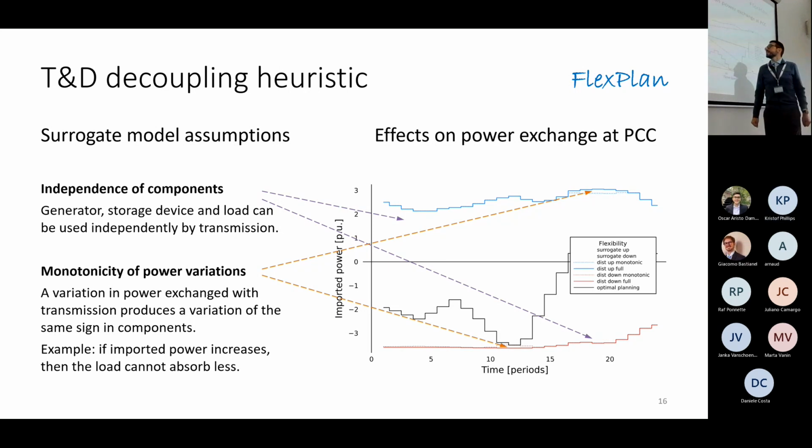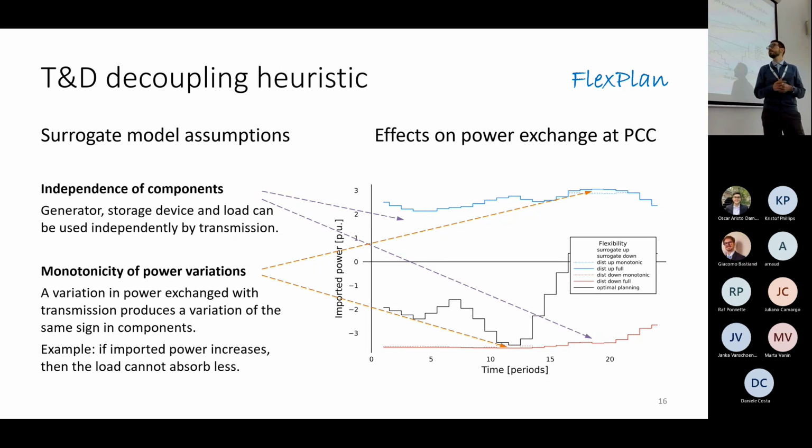Sorry for that. There are two assumptions. One is the independence of components. I mean, the generator, storage device, and flexible load that constitute the surrogate model will be put in the transmission network and will be operated in an independent manner by transmission.